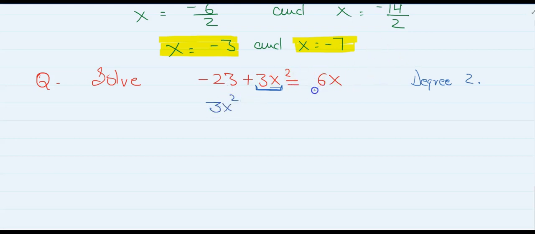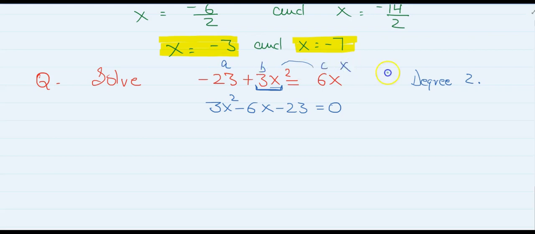Then the term of x, this is 6x. If it comes this side, it will become minus 6x, and then minus 23 is equal to 0.